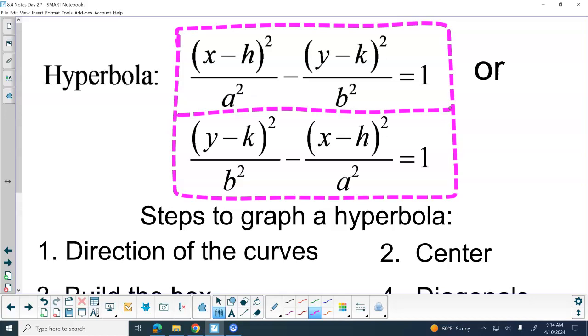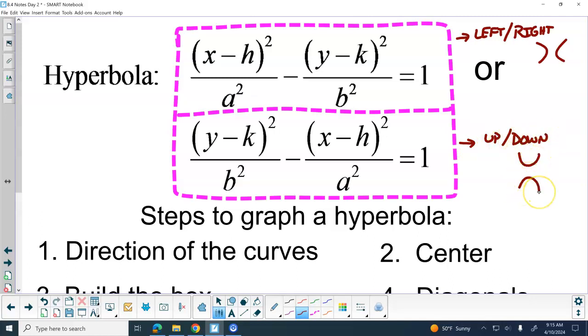That's a left-right opening hyperbola. Which means the bottom one is the up-down, right? In a hyperbola, you have to have both parts. You can't just get away with getting one.